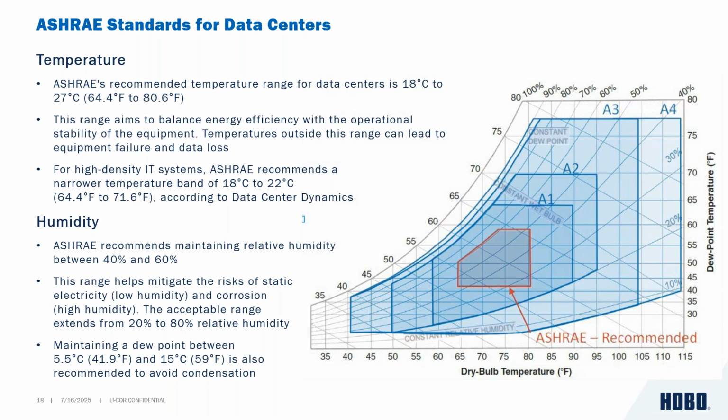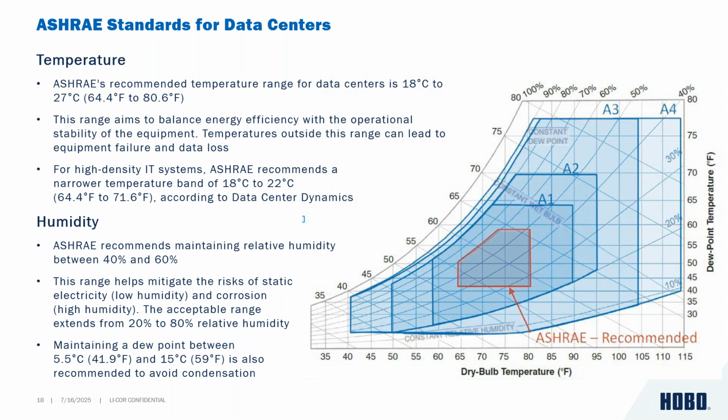So in case you're unfamiliar with ASHRAE standards for data centers, I did put together a quick slide here, just outlining where you want to keep your temperature and humidity points. As you can see, they do have pretty narrow temperature and relative humidity ranges, but following these guidelines is going to ensure that your equipment runs optimally, and also that you will get longevity of life out of this equipment.